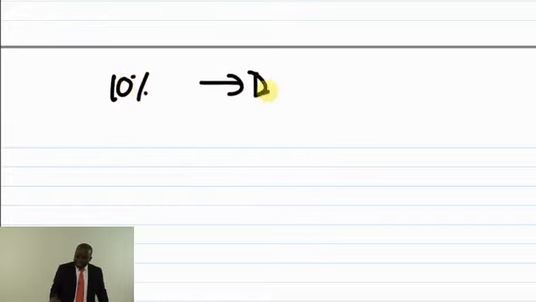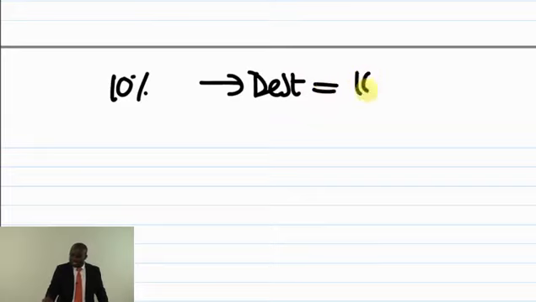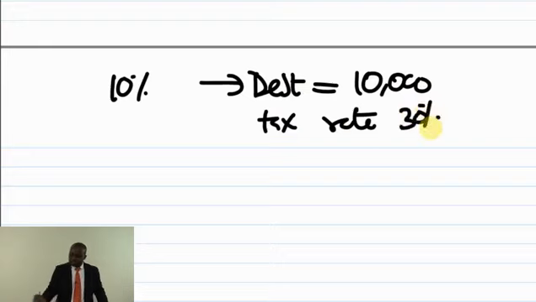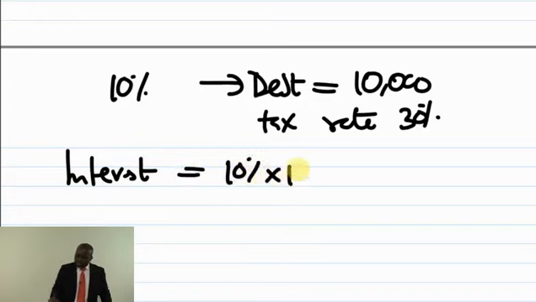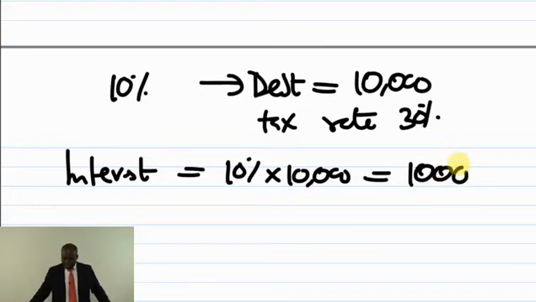Assuming I have got 10% cost of debt, and the value of the debt is, let's say, 10,000, and the tax rate is, let's say, 30%. What will be the present value of the tax savings on interest? My interest, the cost of the debt, will be 10% of that 10,000, which equals 1,000.